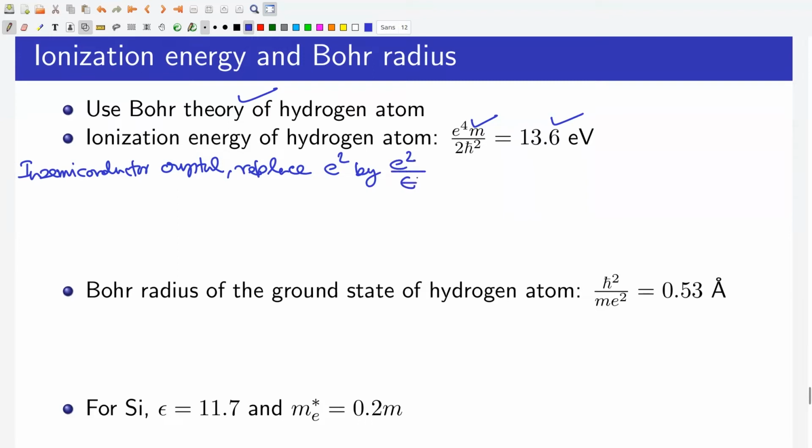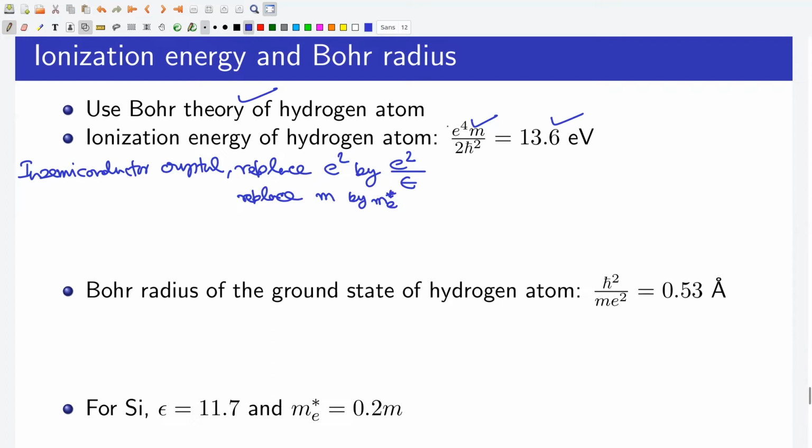This is because the Coulomb potential is reduced by a factor of 1/epsilon due to the screening in a semiconductor crystal. We also have to replace the free electron mass by the effective mass of an electron.